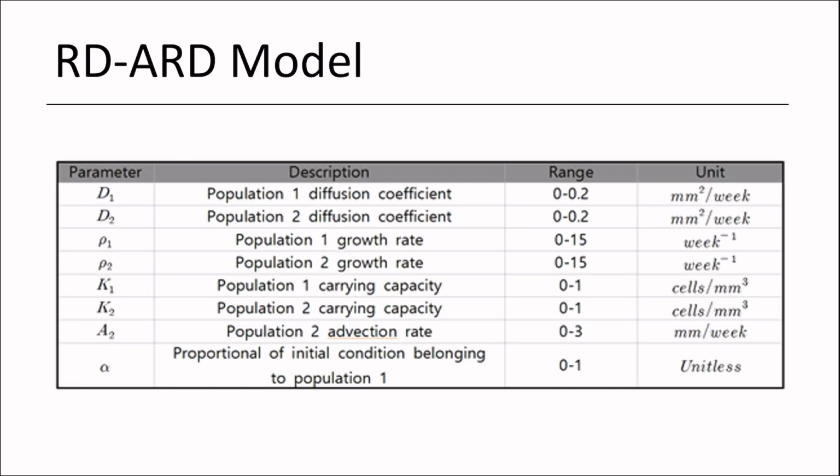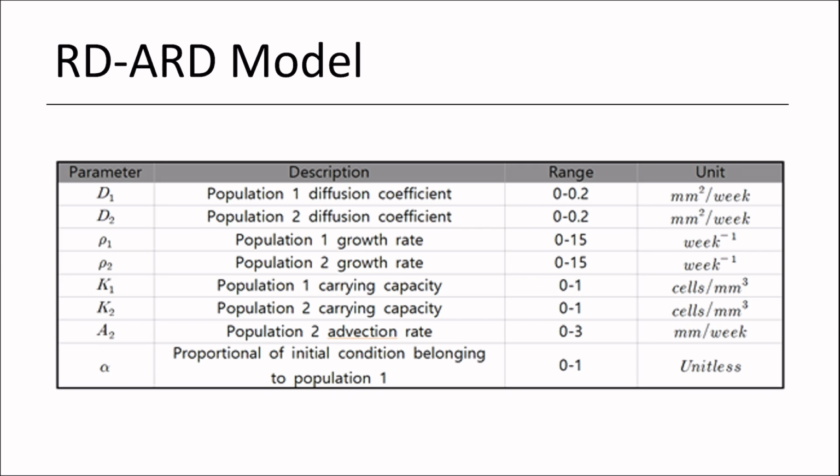On this slide, I will briefly compare the four models used in this study. First, the RD model, or reaction diffusion model, assumes a single population of tumor cells that undergo diffusion and proliferation. It's the simplest model. Next, the ARD model adds an advection term to describe cell movement influenced by external forces in addition to diffusion and proliferation.